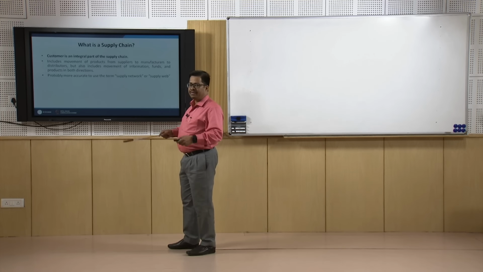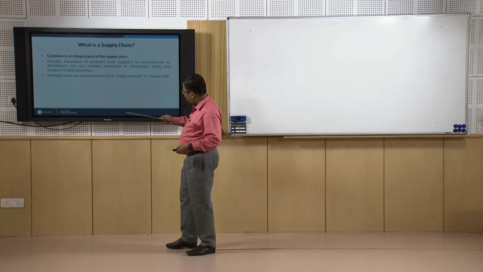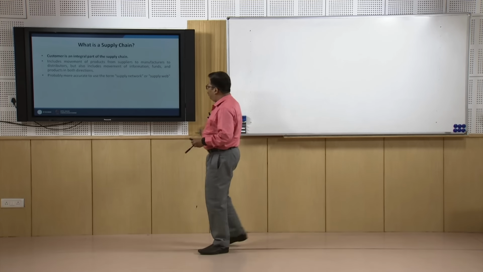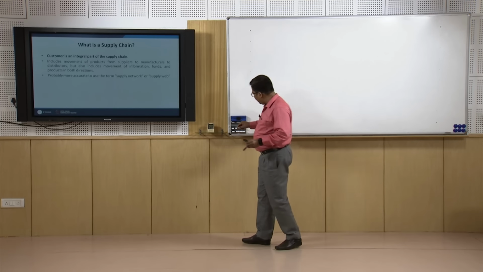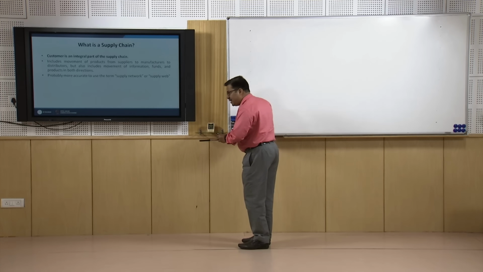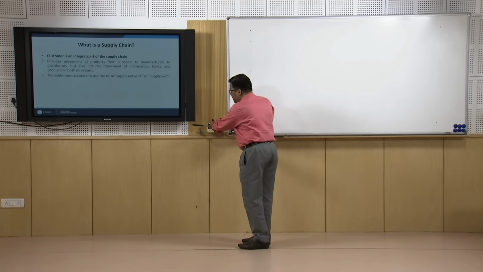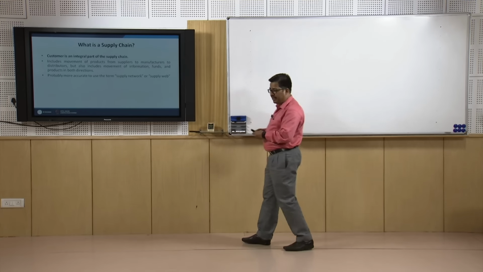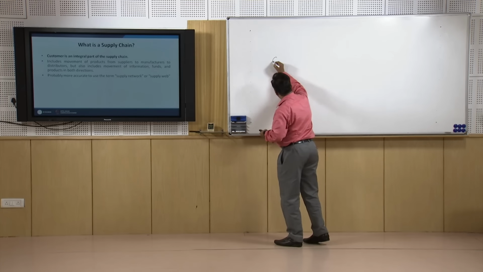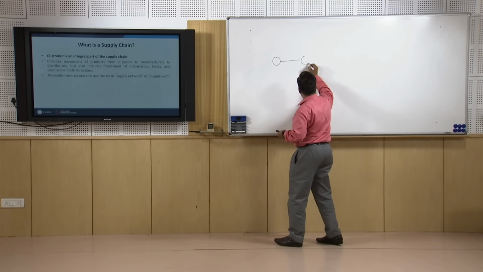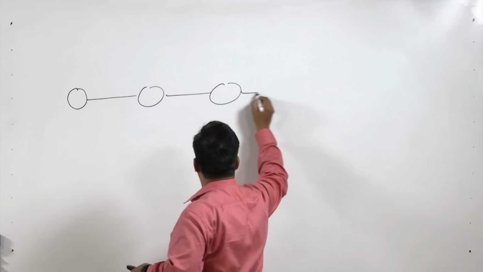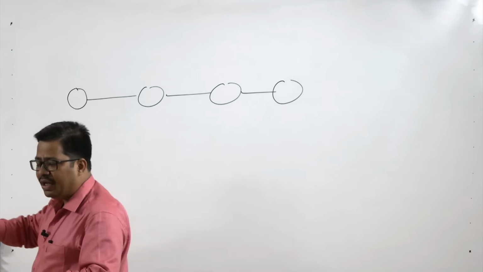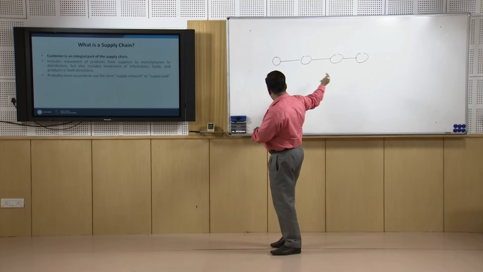With increasing competition, it is more appropriate nowadays to say that supply chain is now changing into the form of a supply network or supply wave, because when we talk of a chain, it is linear like this, but actually it is no longer a linear system.